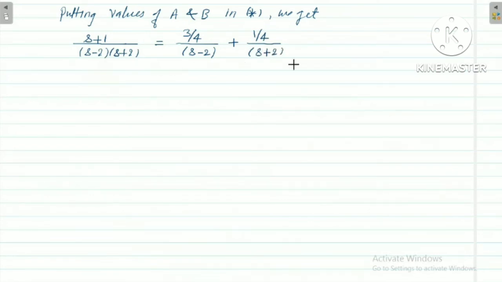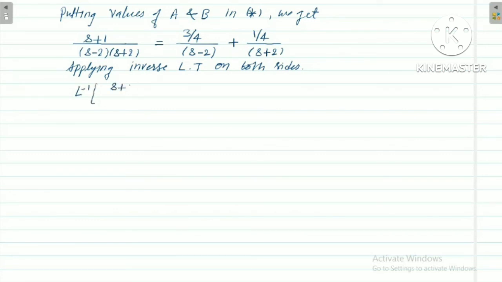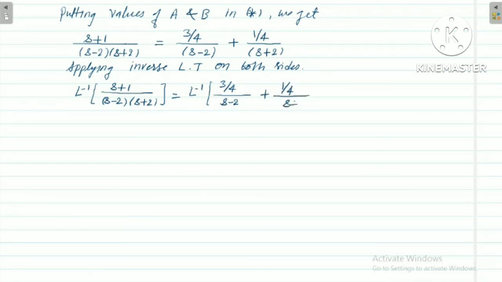Now applying inverse Laplace transform on both sides. L inverse of s plus 1 divided by s minus 2 and s plus 2 is equal to L inverse of 3 by 4 divided by s minus 2 plus 1 by 4 divided by s plus 2.